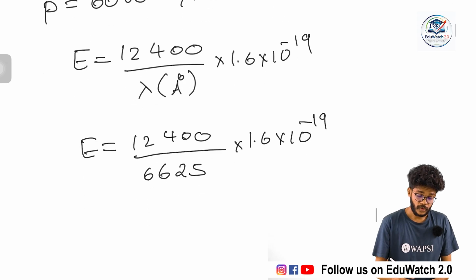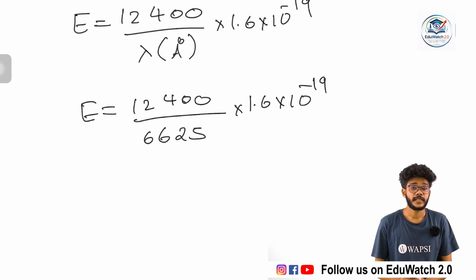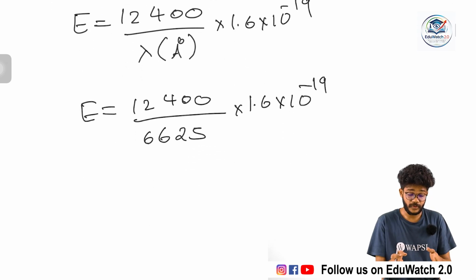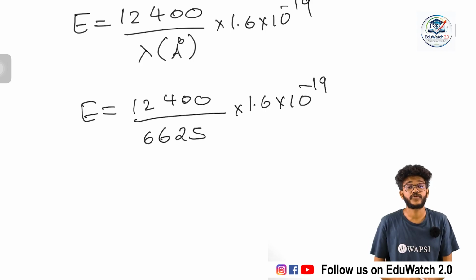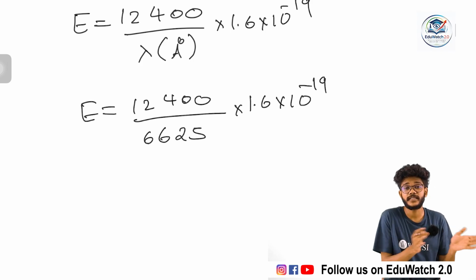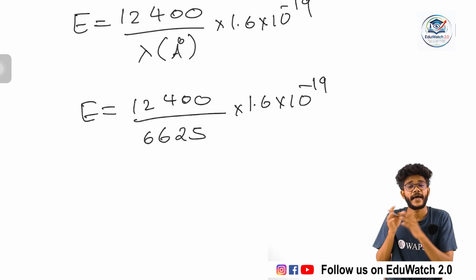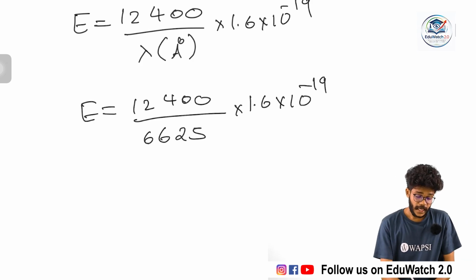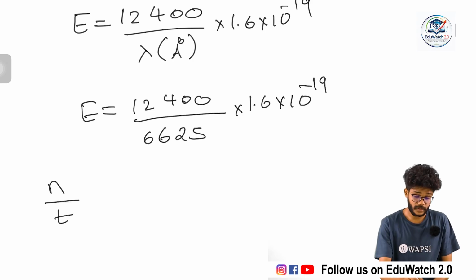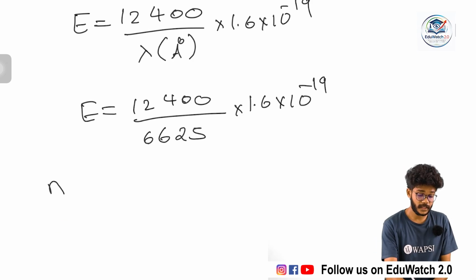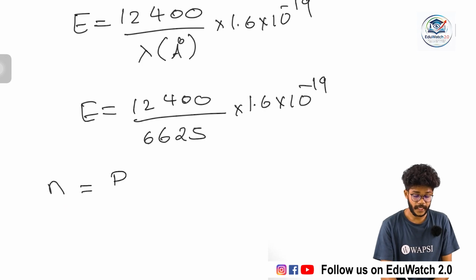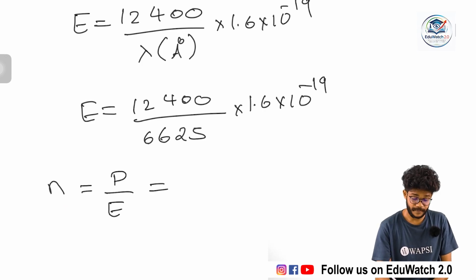Now we have to calculate the number of photons. We have the energy. So what is the relation between number of photons and energy? Number of photons per second, n by t. Time is 1. So number of photons per second is equal to power by energy. Power is 60.